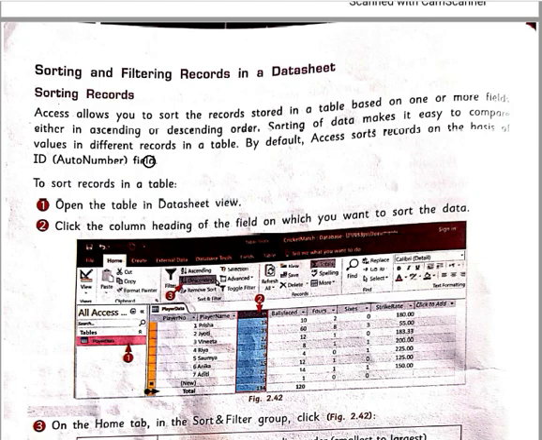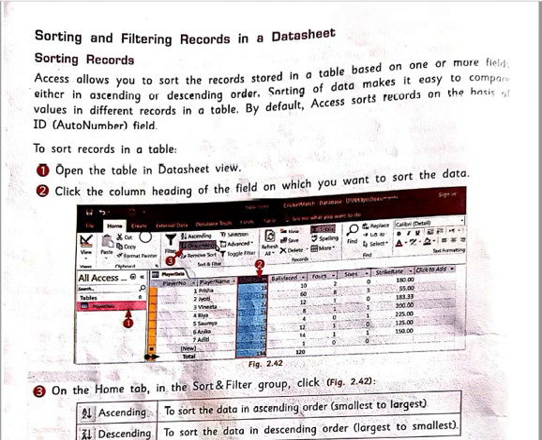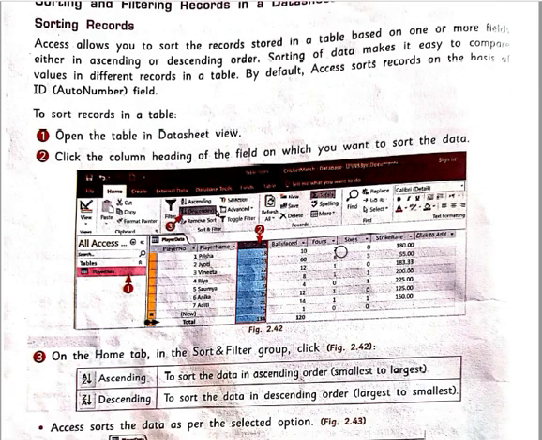Fine. So to sort the data we have already prepared, we need to open the datasheet view. Then number 2, we need to select the column on which we want to sort the data. Either column 2, column 3, column 4, whichever column.